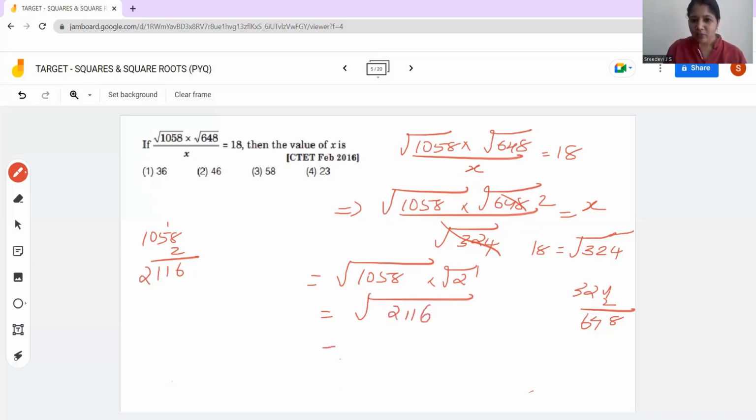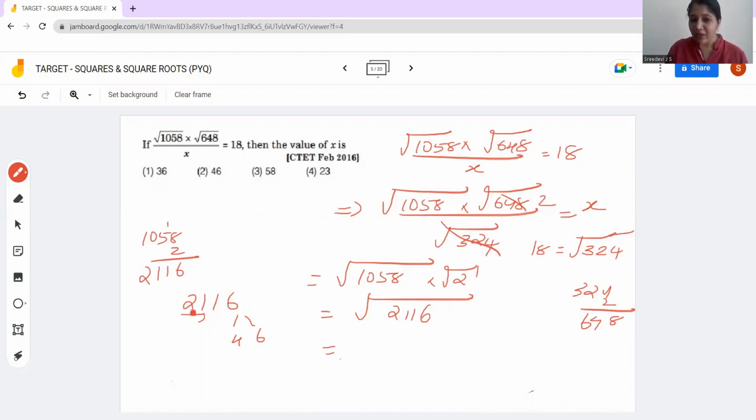So what is the square root of 2116? Everyone, we know the estimation method, 2116. You can pair it, and you can see the unit digit, it is 6. So if a square number is ending in 6, what is the square root ending in? Square root ending in either 4 or 6, right? And here 21 is the next pair, and 21 would be the nearest perfect square number which is coming nearer to this 21.